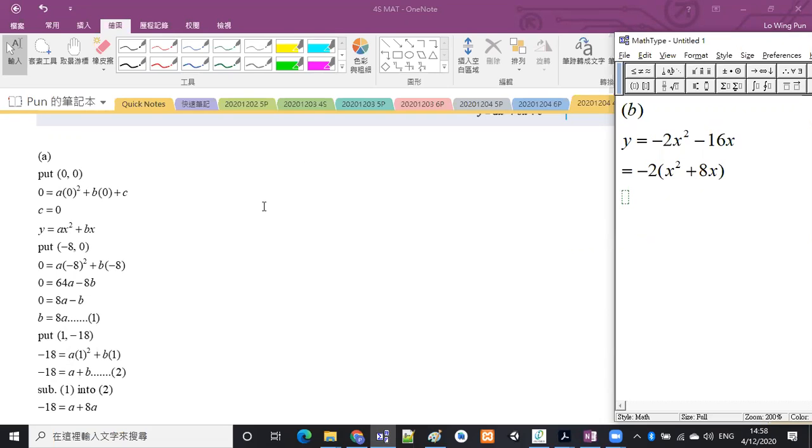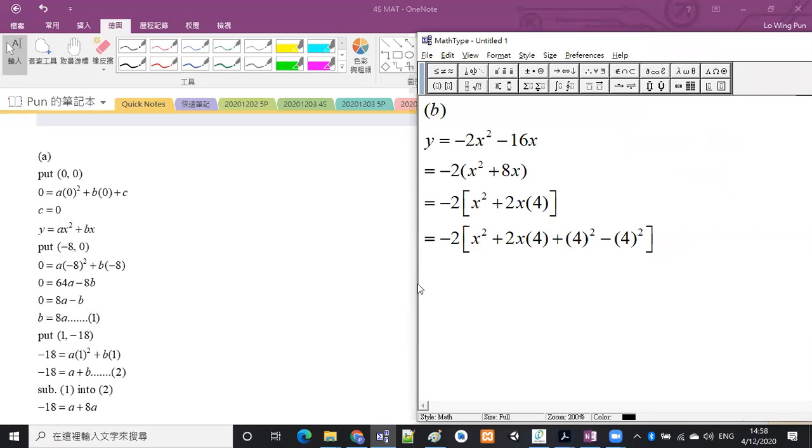Okay, and then -2 x squared plus 2xy, and y is 4, and then if you add an extra term, 2xy plus y squared minus y squared. Okay. And then -2, the first three terms become a perfect square, x plus y squared minus 16.